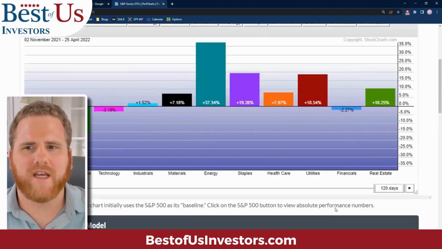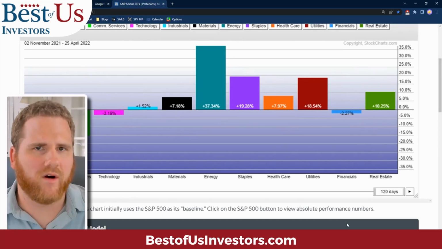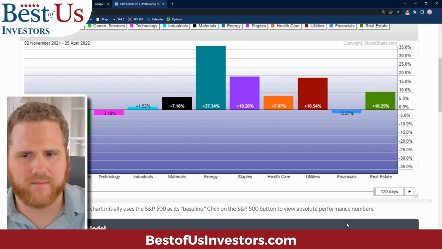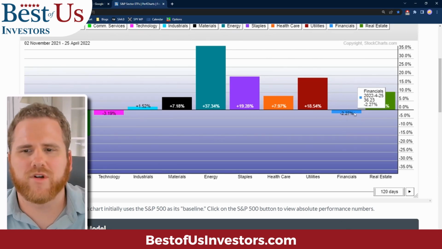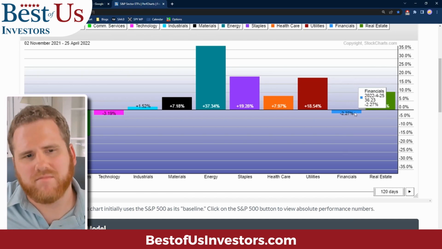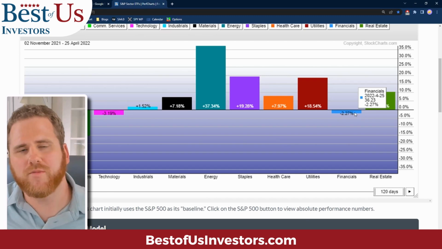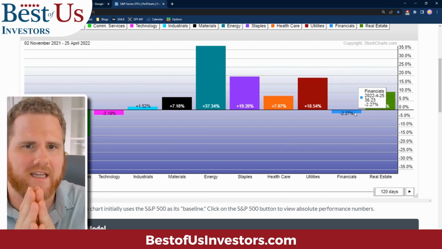Well, real estate has been doing very well. This is sort of experiencing a little bit of an outlier phenomenon. But over the last 120 days, there is not quite the most of a loser, but there is definitely an underperforming sector in financials.